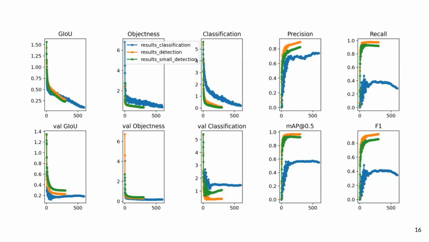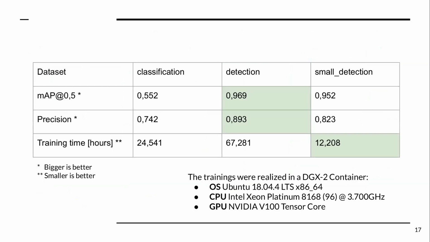But independently of how big the picture was, we found that between the detection and small detection, the difference in precision is very small when we compare it with the training time.